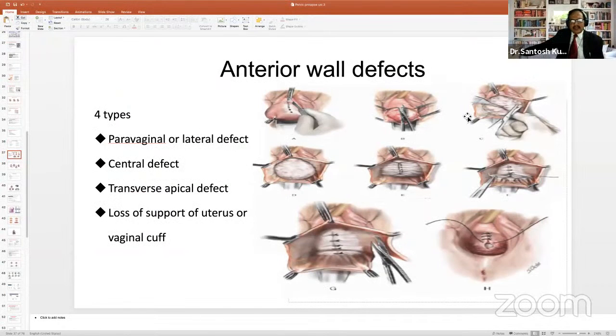This is repair of the anterior wall defect. Anterior wall defect usually presents with cystocele, and a cystocele patient will present with difficulty in voiding and something coming out per vagina anteriorly. And once you reduce it, the patient will void normally.